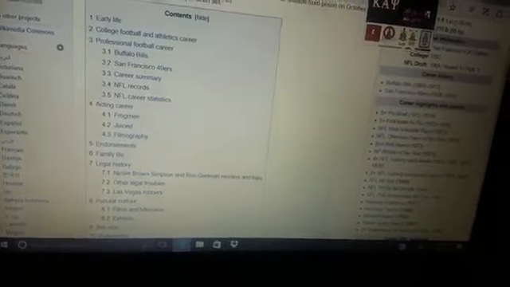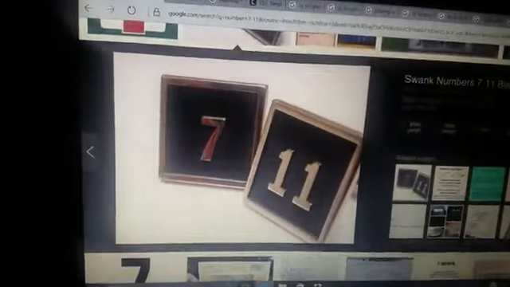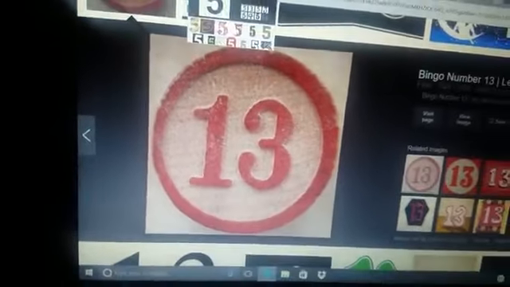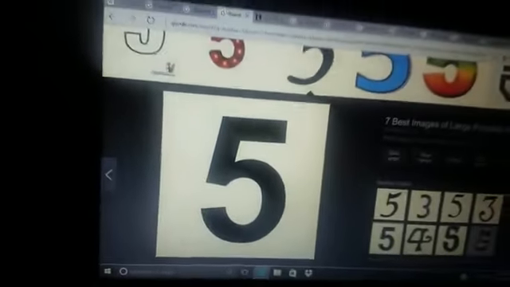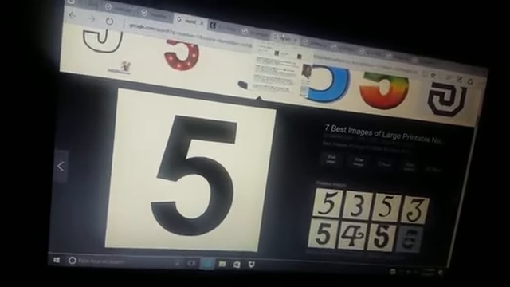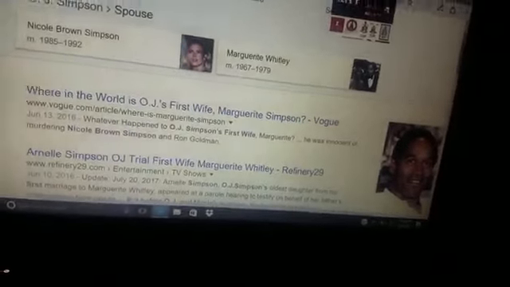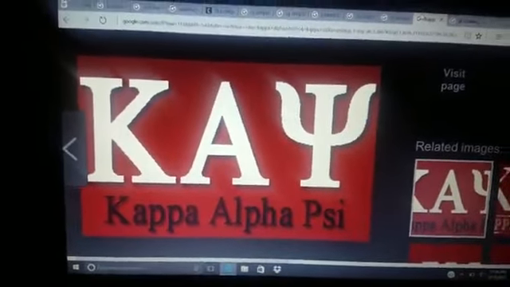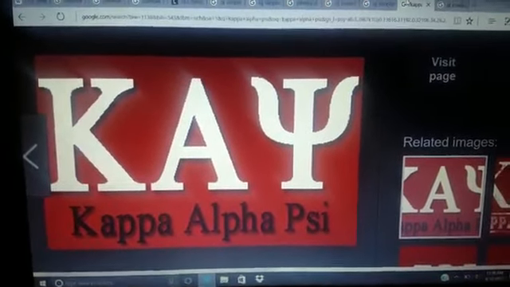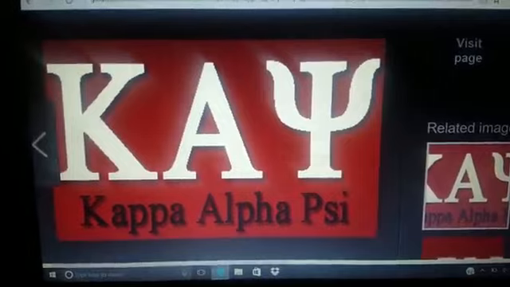It's all going to tie in together, okay? I promise you. Super Bowl 52 is going to tie in to the 7-Eleven connection, the 13 connection, and the 5 connection. That's all the information I'm going to give out on that. This O.J. Simpson trial is a hoax that goes back to the Kappa Alpha Psi fraternity, and it's going to tie in deeply to Super Bowl 52 outcome, okay?